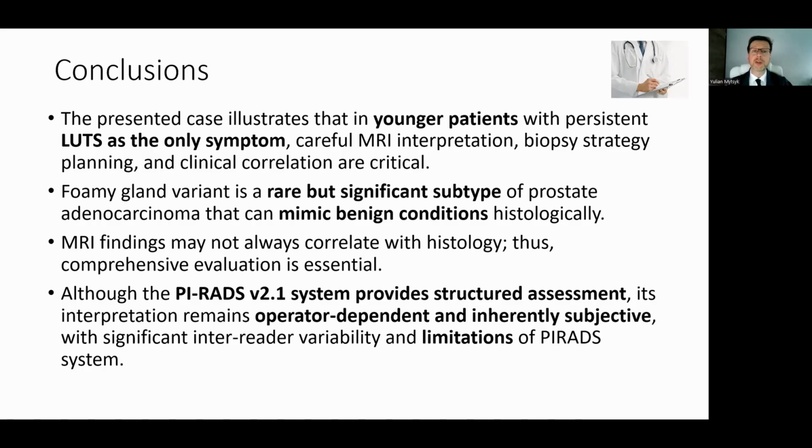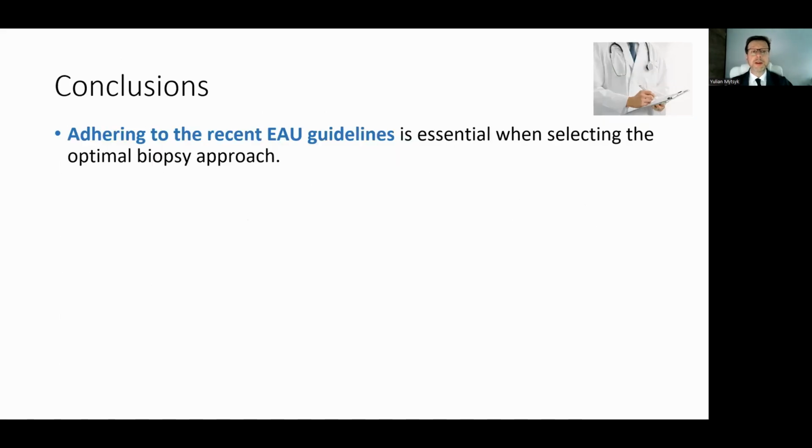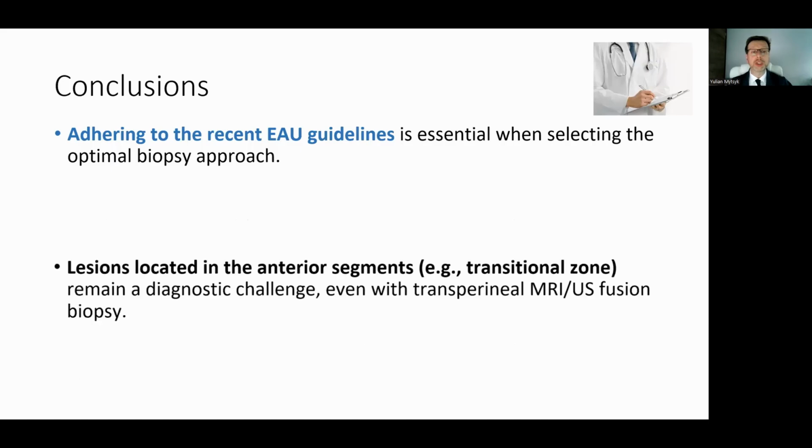Its interpretation remains very operator-dependent and inherently subjective, with significant inter-reader variability and its own limitations. Adhering to the recent EAU guidelines is essential when selecting the optimal biopsy approach.